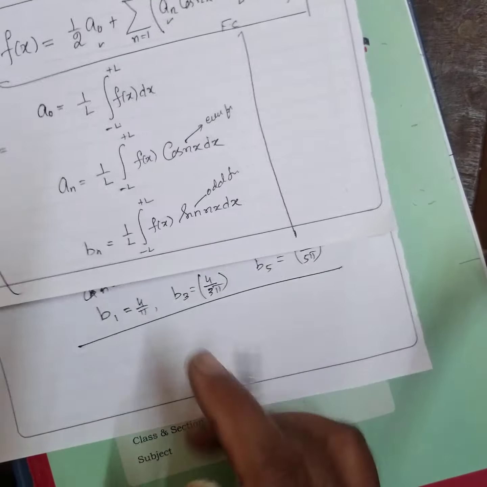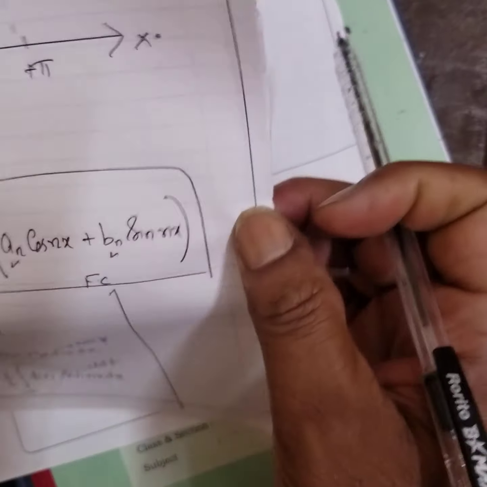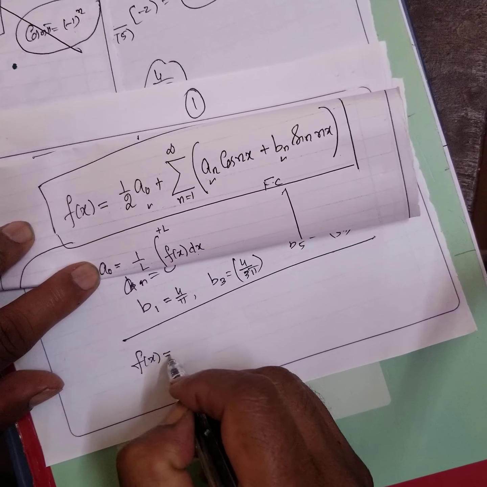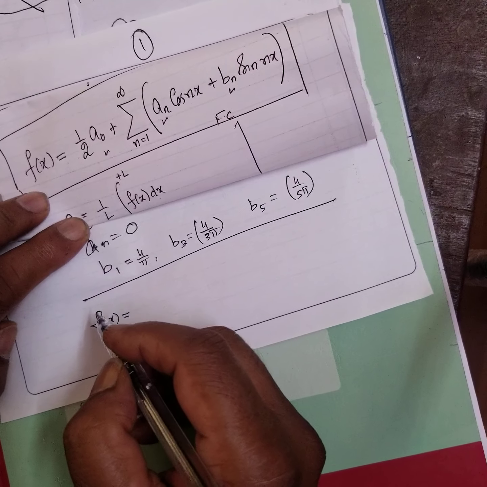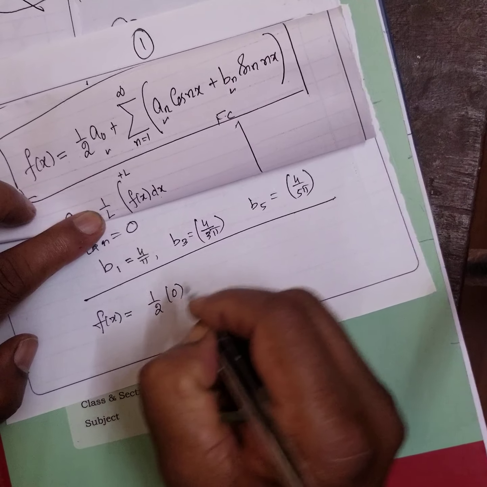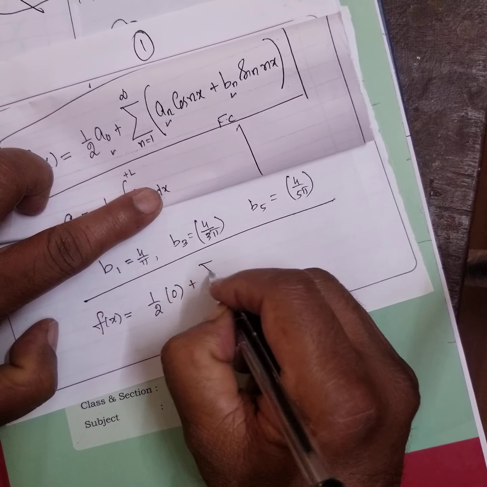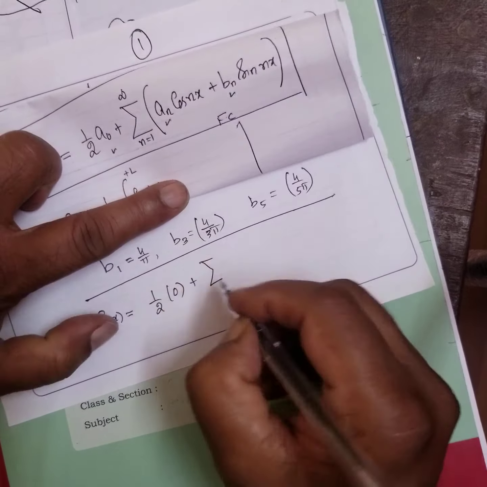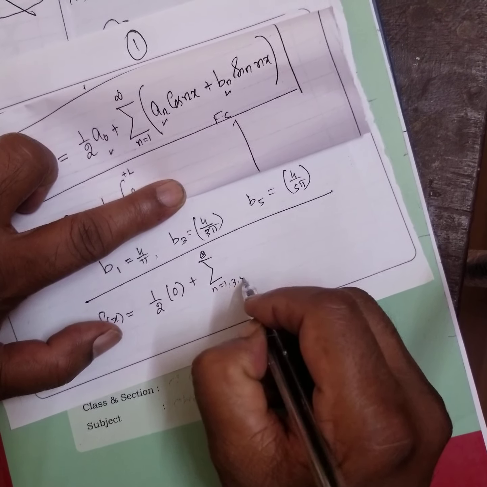In this series, function of x is equal to 1 by 2 A0, which is 0, plus sigma n equal to 1 to 3 values, that is 1, 3, 5.